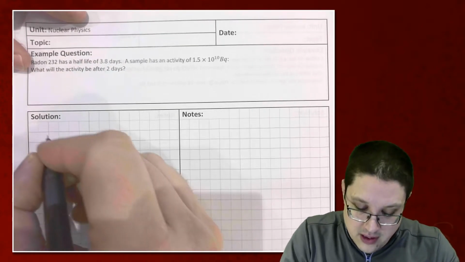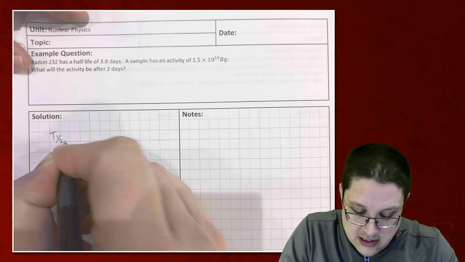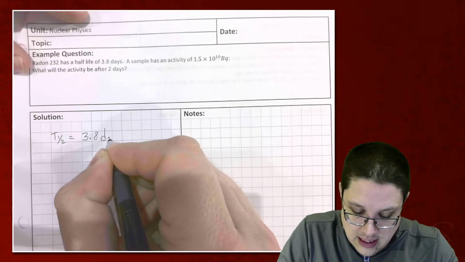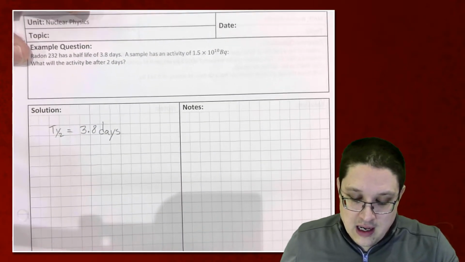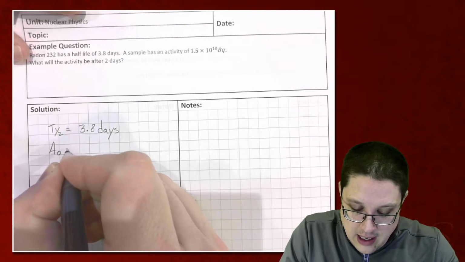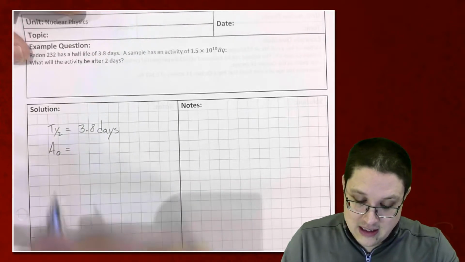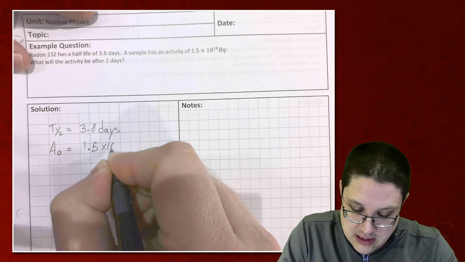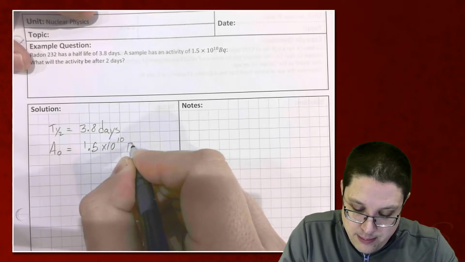So reading through this, my half-life, or my T half, is 3.8 days. A sample has an activity, so that's my A0, my original activity, which would be 1.5 times 10 to the 10th becquerels.